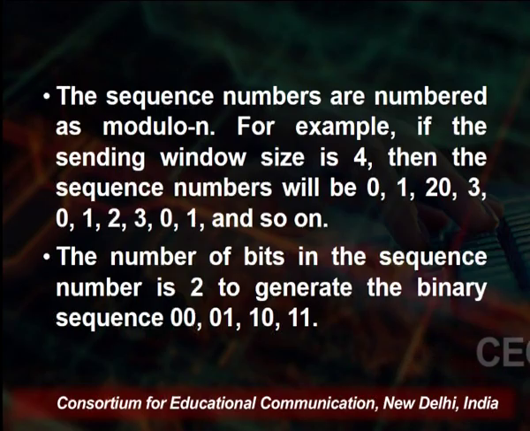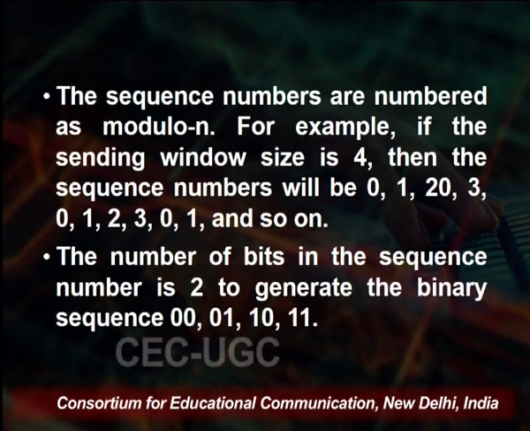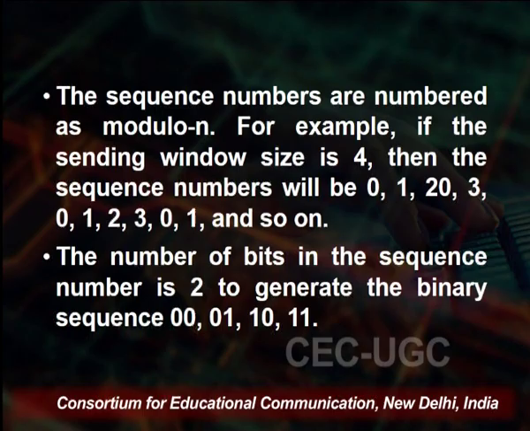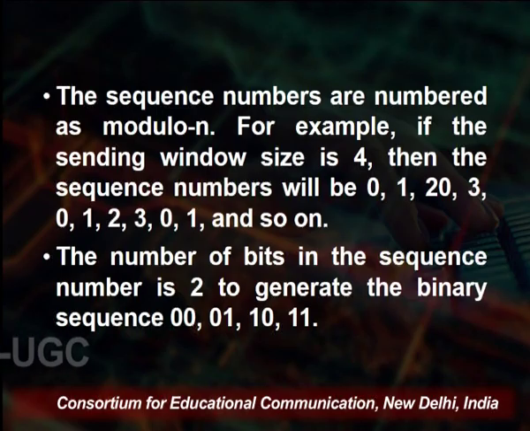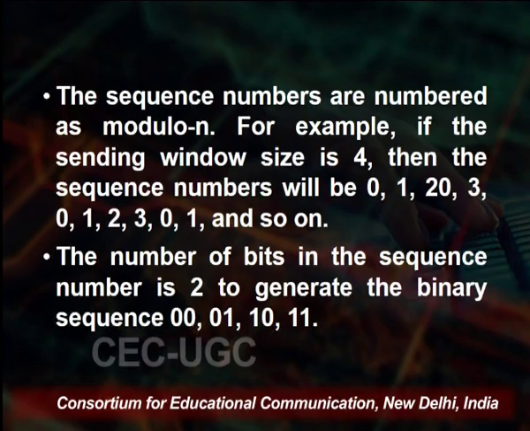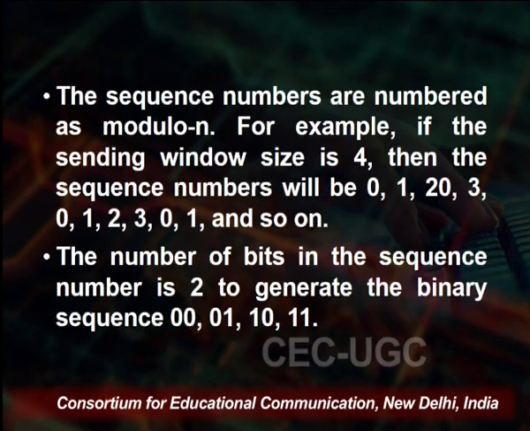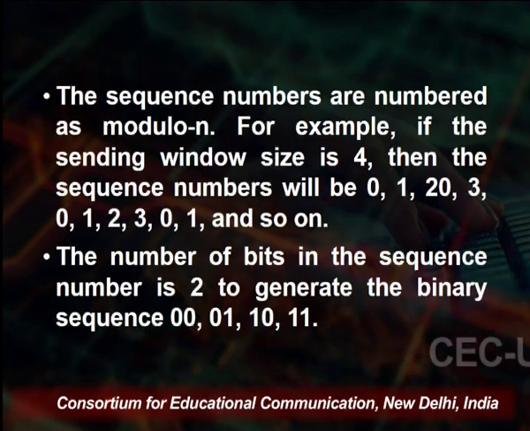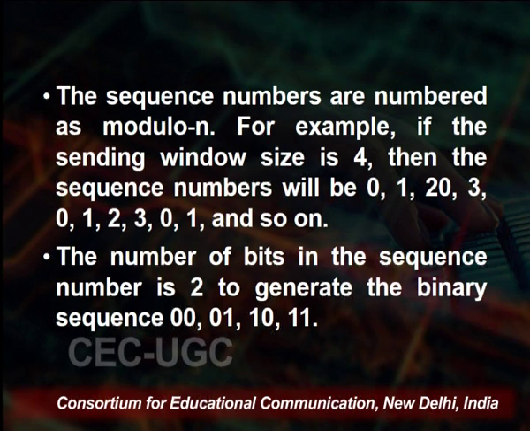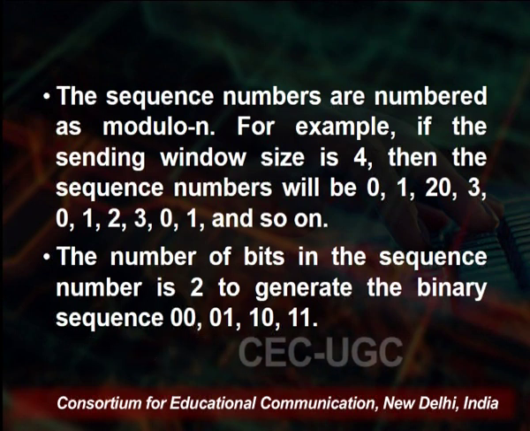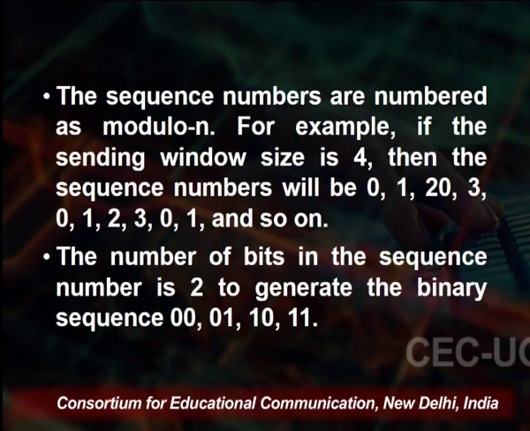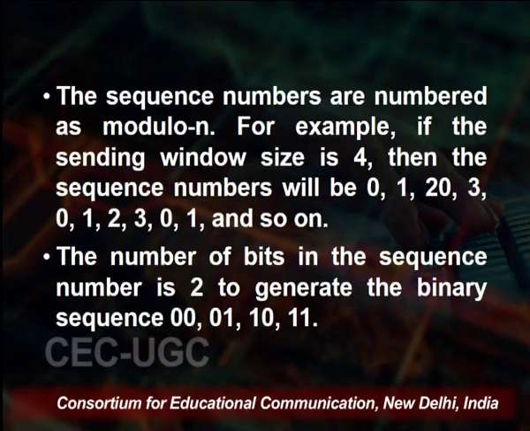So the number of bits in the sequence number is 2, to generate the binary sequence 00, 01, 10 and 11. The total number of bits required to generate this binary sequence is obviously 2.